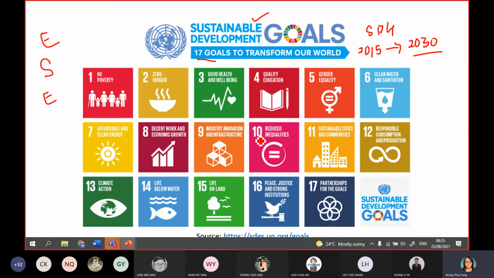When I read through all of them, I realized that the social part forms the largest portion. The first ones already tell you: no poverty, zero hunger, quality education, gender equality. So when we talk about sustainability, it's not only about the green environment. It is also about the social part, about people.